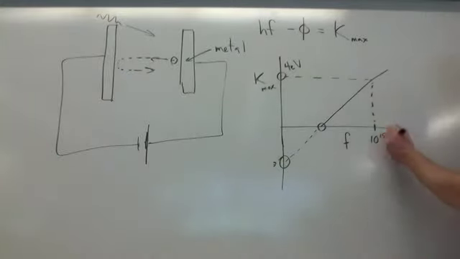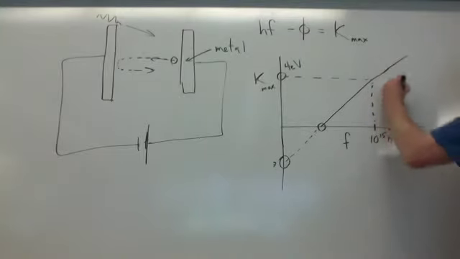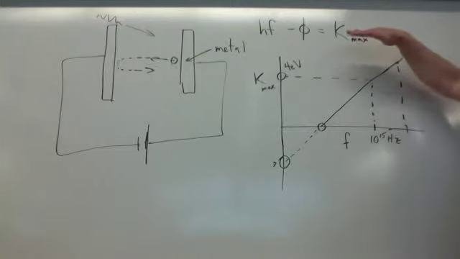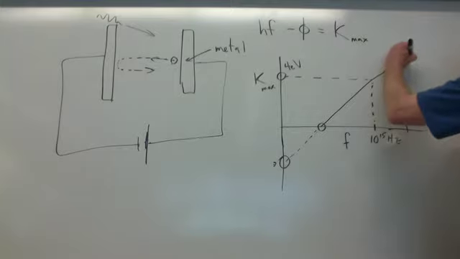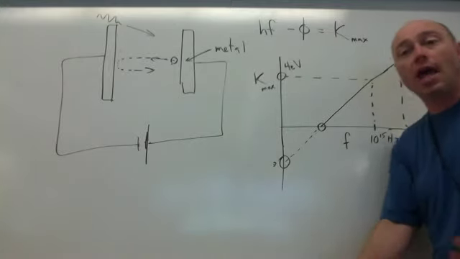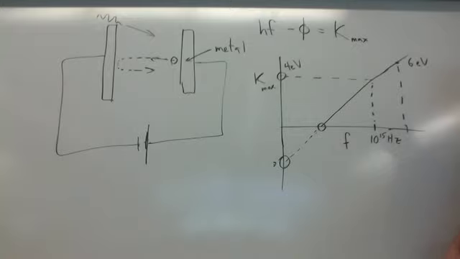So if I had a frequency that is here, that frequency would allow you to have a maximum kinetic energy more than 4, but remember, this is the max. So let's say this was like 6 eV for my maximum kinetic energy. If I was at this frequency, I could have 6, but I could also have anything less than 6 as an allowed value. So I think that's everything.